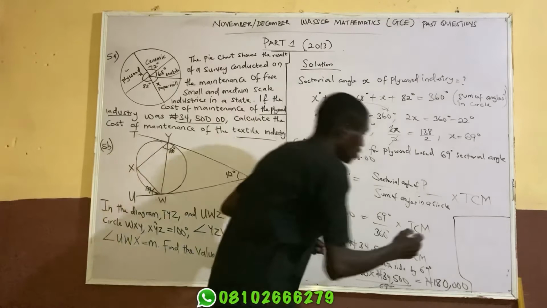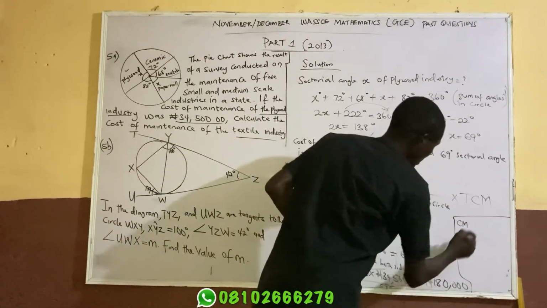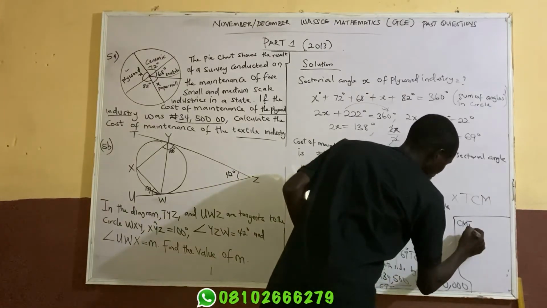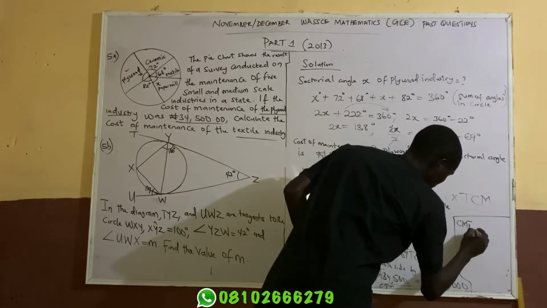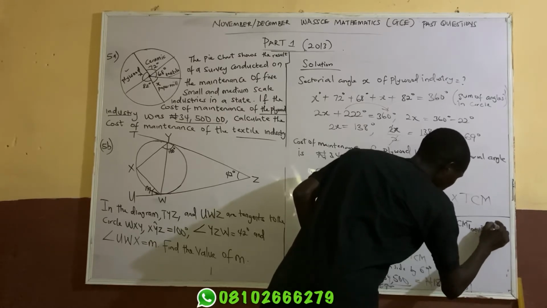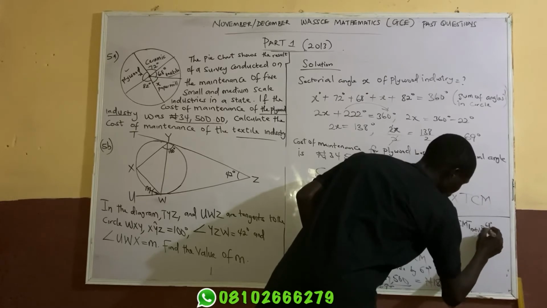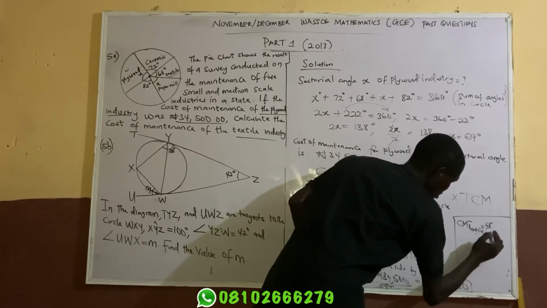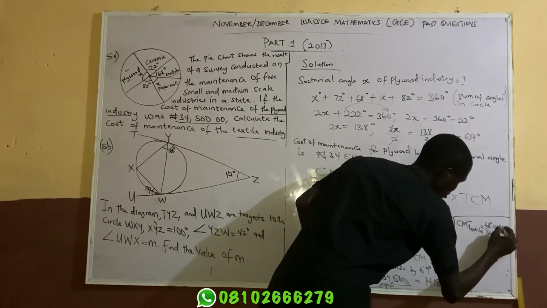So the cost of maintenance for textile is equal to 8 degrees over 360 degrees times 180,000.